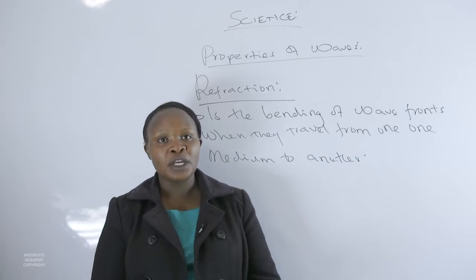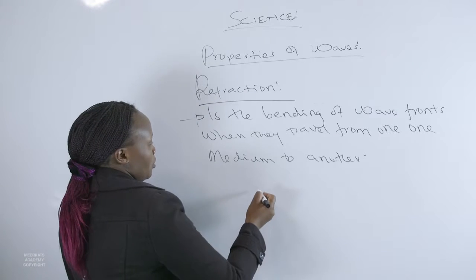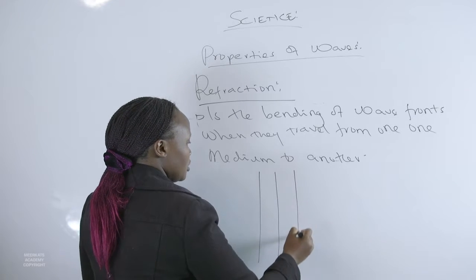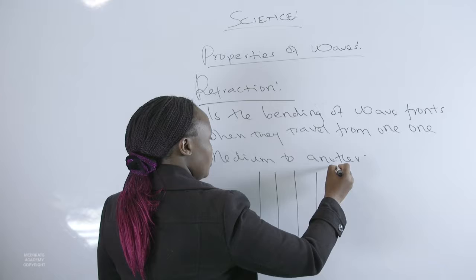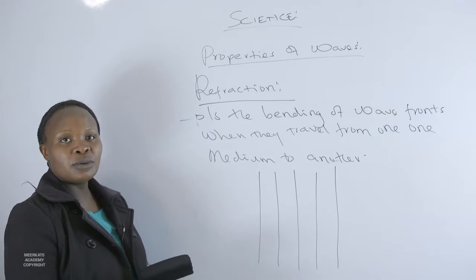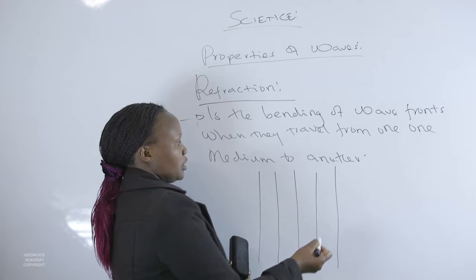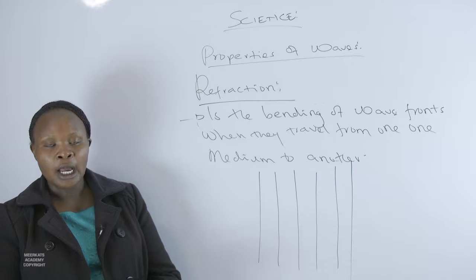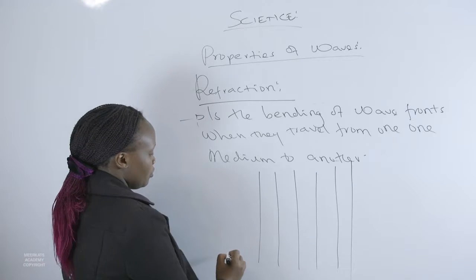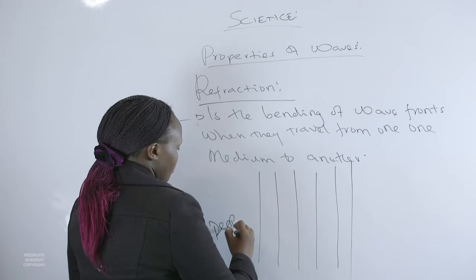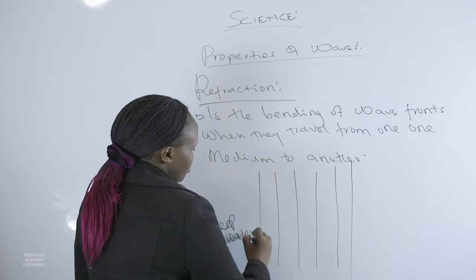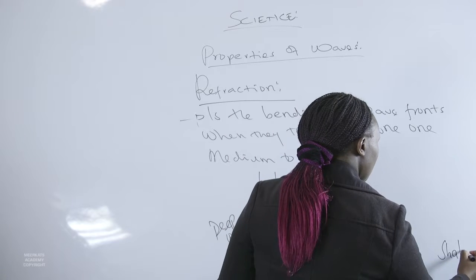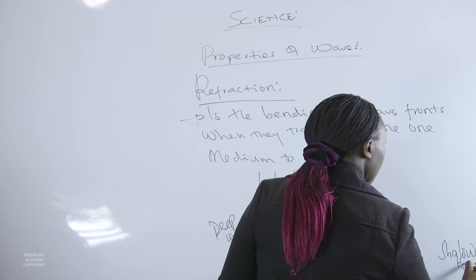Now, for example, let us assume we had some plane waves whose wavefronts are perpendicular to a boundary, and we want them to move from deep water to shallow waters.